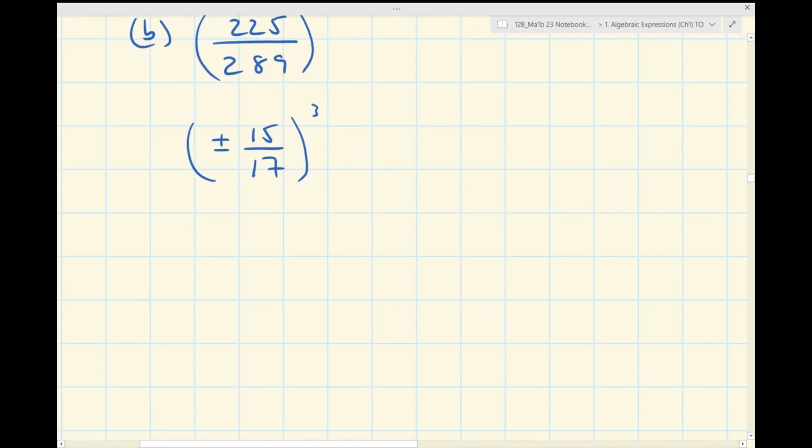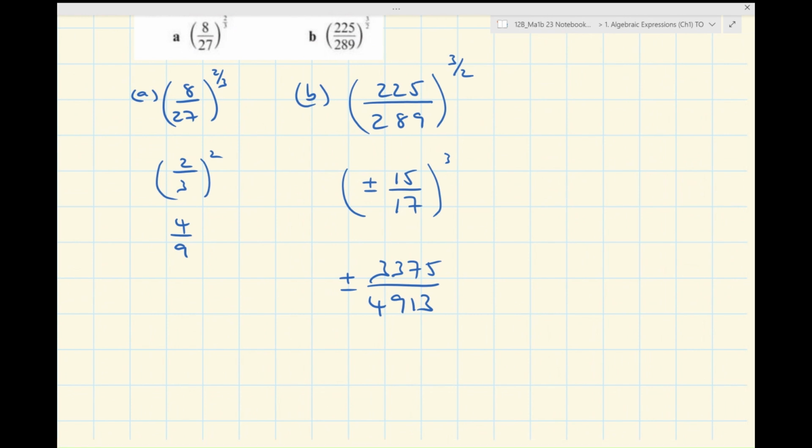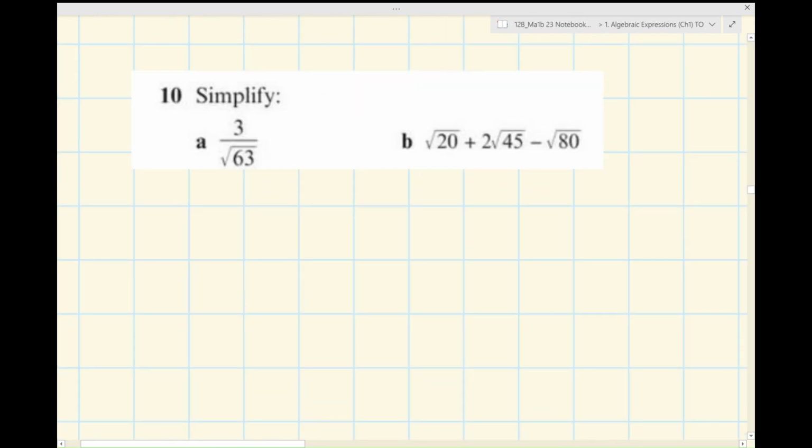So if I cube plus 15 over 17, then I get 3,375 over 4,913. And if I cube minus 15/17, I get minus that. So I have 2 answers, plus or minus that fraction. And that is question 9.